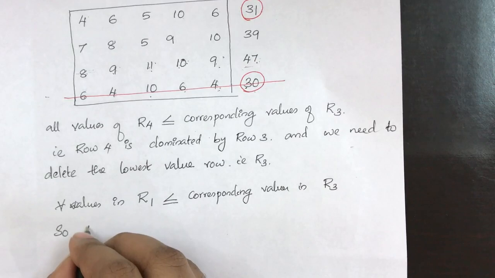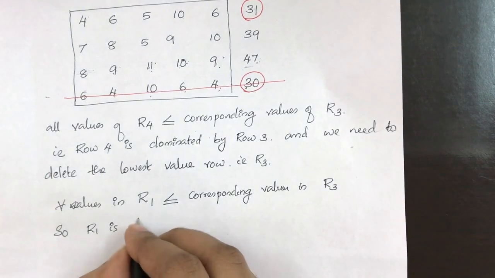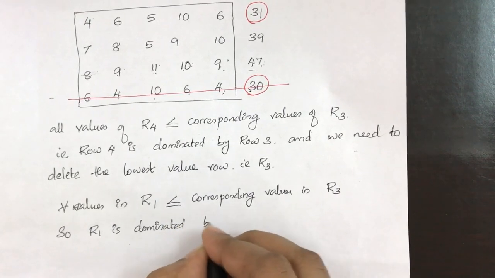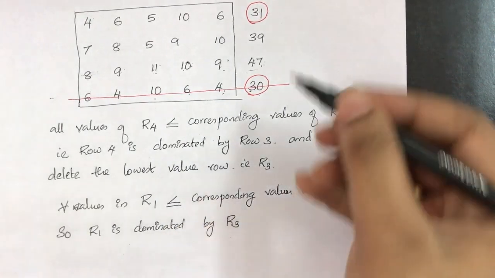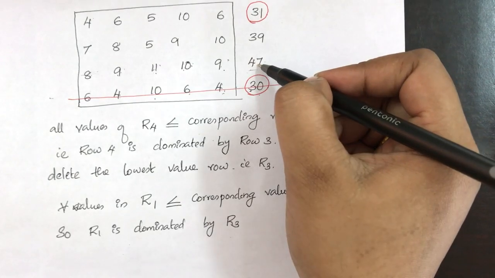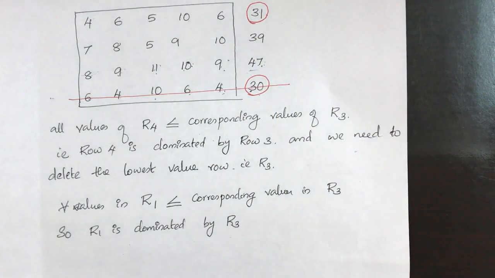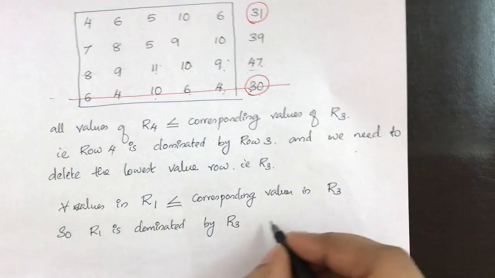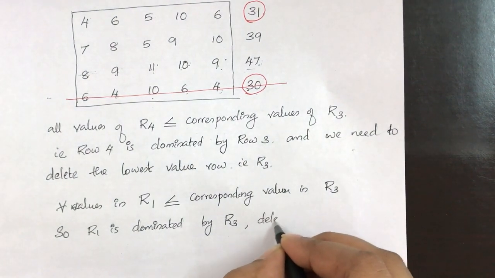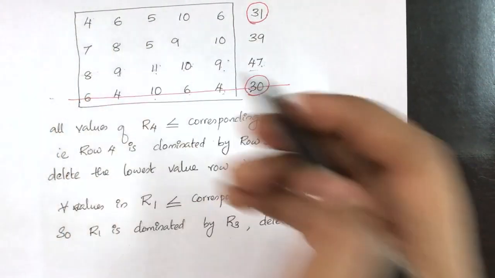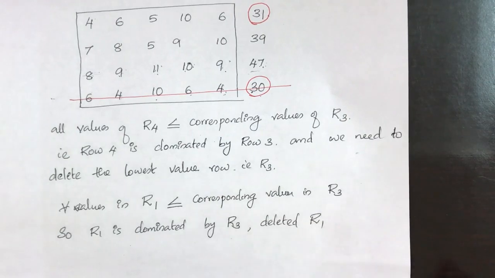So, R1 is dominated by R3. R1 is dominated by R3. Okay. Or R3 dominates over R1. So, R1 is dominated by R3. So, delete which row? Smallest element in R1. So, delete R1.